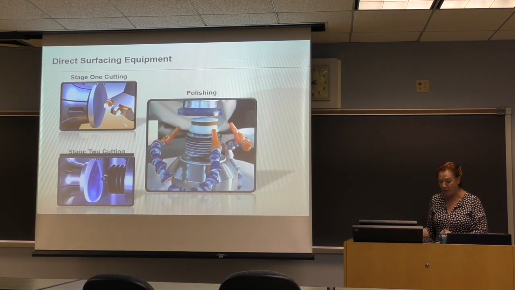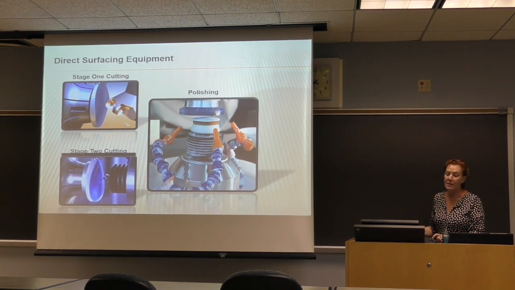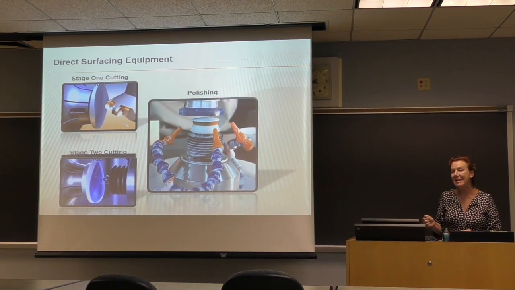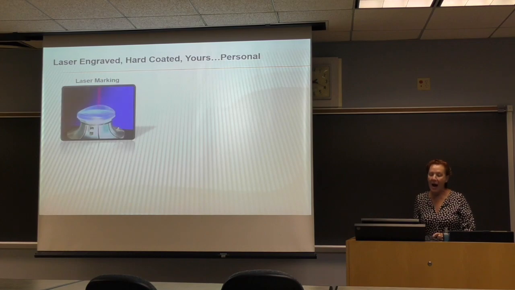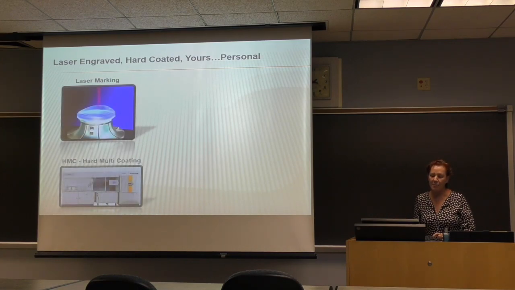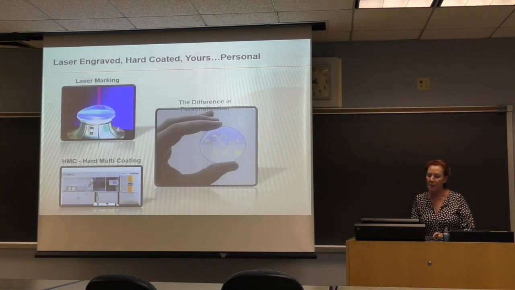So now we have a technology known as direct surfacing equipment, a diamond lathe that cuts into the surface. And the difference here is it doesn't only cut back and forth, up and down, it can cut in and out. So there's an X, Y, Z cut going on. And we'll talk about that in a little bit more detail as well.